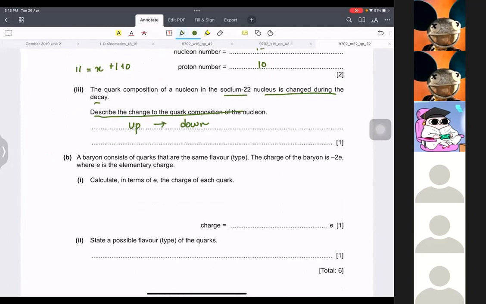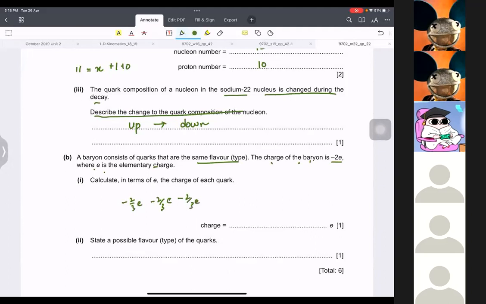A baryon consists of quarks that are of the same flavor. The charge of the baryon is minus 2e, where e is the elementary charge. Calculate, in terms of e, the charge of each quark. Okay, so for getting minus 2, we must get minus 2 by 3, minus 2 by 3, and minus 2 by 3.